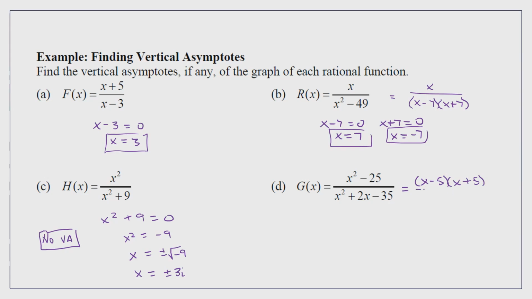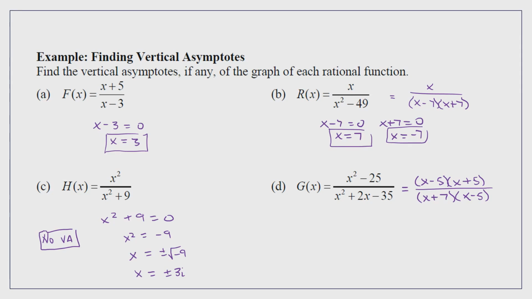Then in the denominator, we have a quadratic. This quadratic can be factored. When it is factored, we have the factors x plus 7 times x minus 5. Okay, so now that we have the numerator and denominator in factored form, we can simplify. So we can simplify rational functions by eliminating common factors that we see in the numerator and denominator.